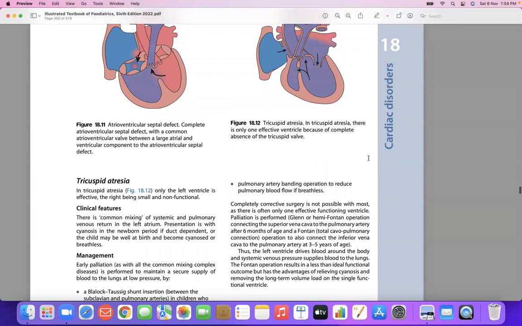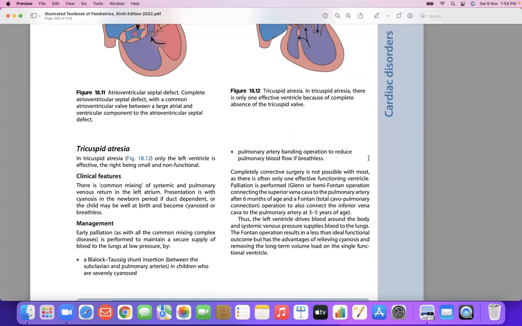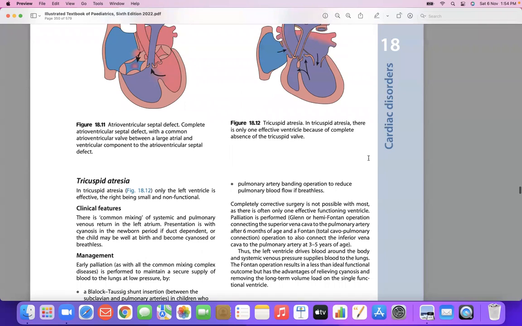So depending upon the presentation, in the cyanotic neonates, where the blood flow to the pulmonary arteries is very less, they will do BT shunt. But in cases presenting with heart failure and shortness of breath, pulmonary artery banding procedure. So your palliative procedure depends upon the presentation of the child.